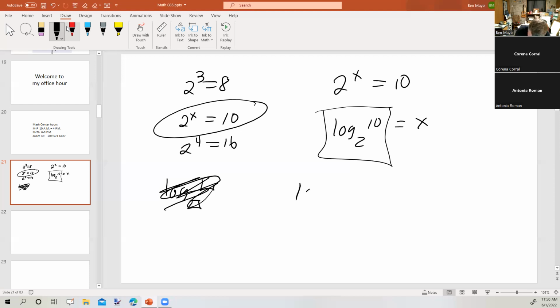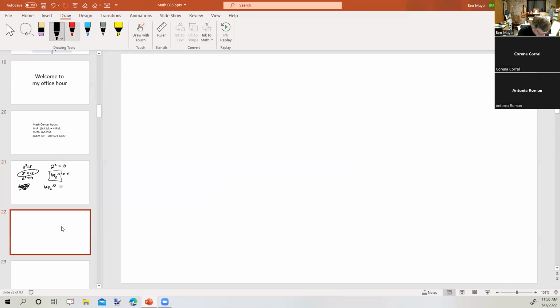What we're going to do, we're going to take log base 2 of 10, and we're going to rewrite it as an expression that uses either log base 10 or log base e, because those we can punch into our calculator. All right. Before we do that, I want to just give you the formula.